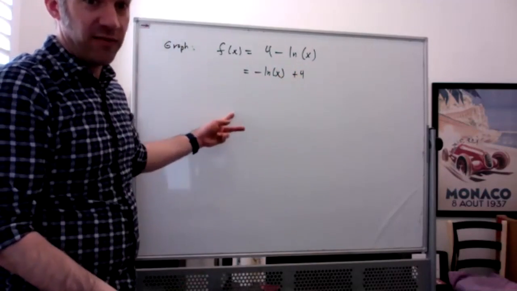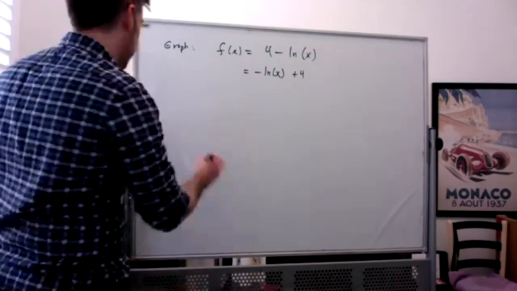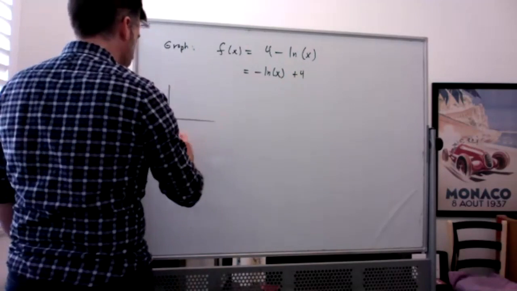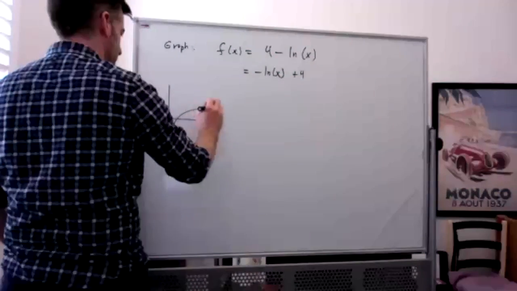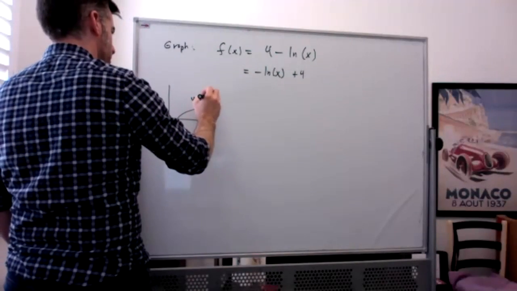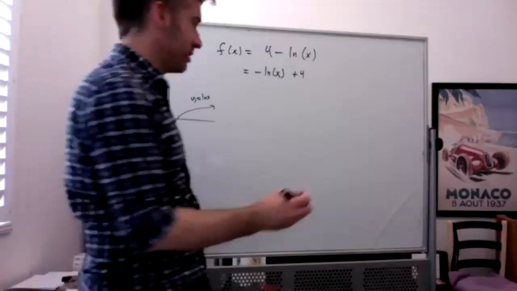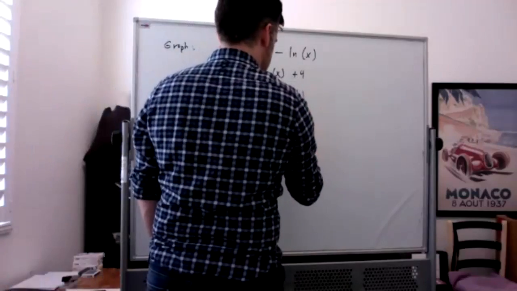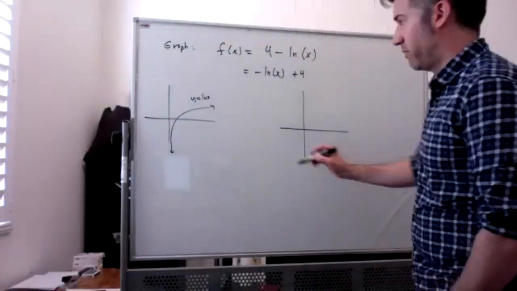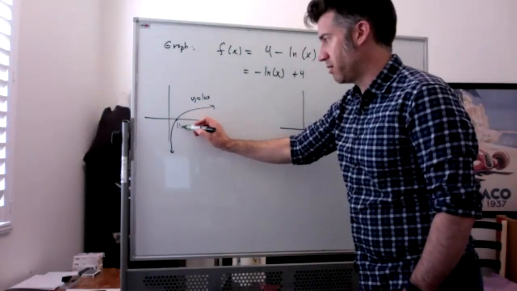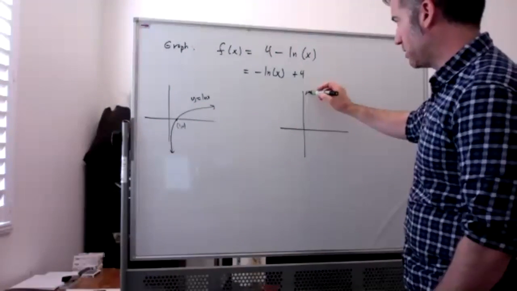So that negative out in front is going to flip us vertically. So here's our original natural log of x function. And then the negative in front would flip us over the x-axis. So instead of looking like that, it's going to look like this.